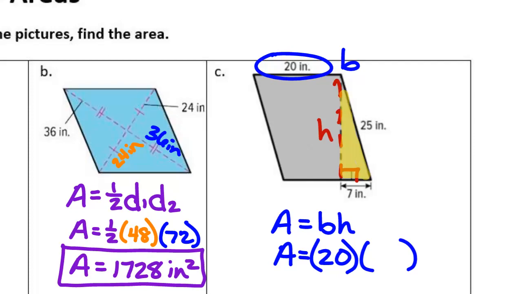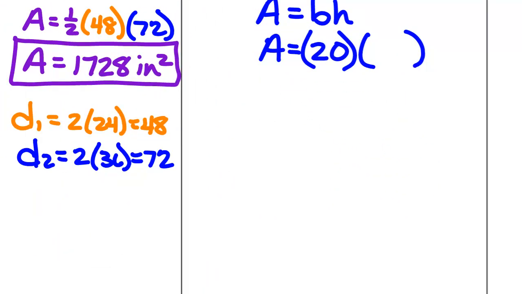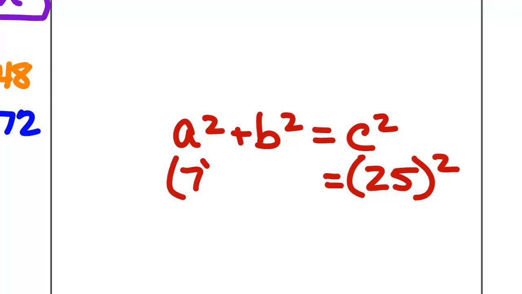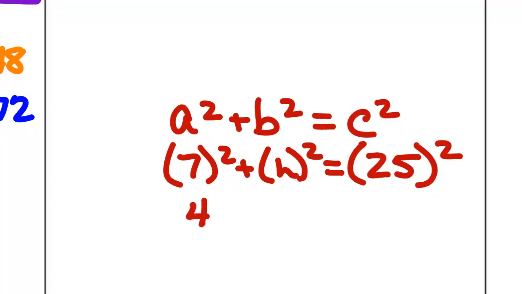A right triangle. So once again, Pythagorean theorem, a squared plus b squared equals c squared. What goes in for c? 25. My apologies, I heard that wrong. What about for a and for b? 7 and h. So 7 squared plus h squared. 7 squared is 49.